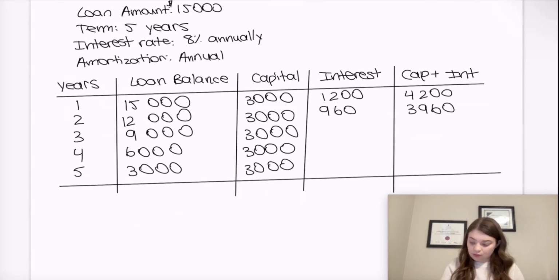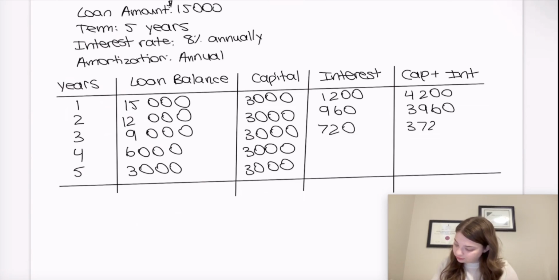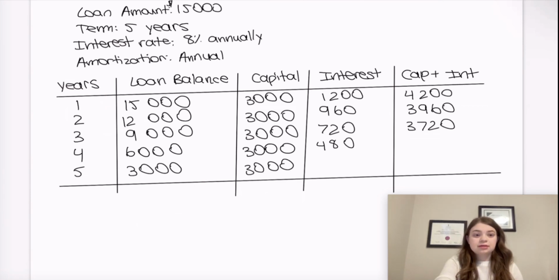Okay, how about in year three? In year three, we only have a balance of $9,000. So 9,000 times 8% is 720. So now it's only $3,720. Then in the next year, we only have a balance of $6,000. So 6,000 times 8% is $480.